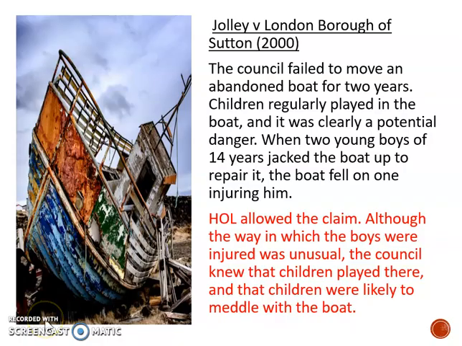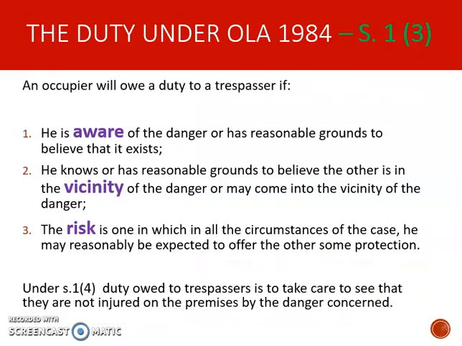So I'd like to just switch back to this previous slide now that we've looked at Jolley so that we can consider this. So if you think about the council in Jolley v Sutton, the council was aware of the danger because they knew that abandoned boat was on the park and it had been there for 2 years.